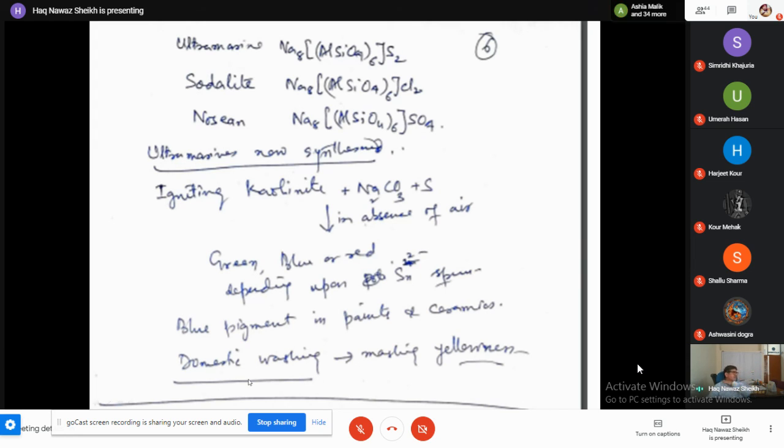So that is the silicates, how the different structures are generated by substitution and by using different counter ions.